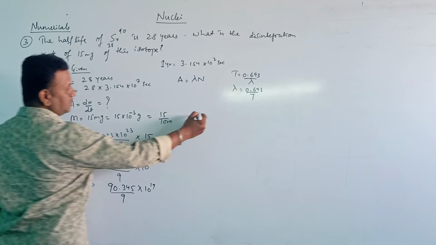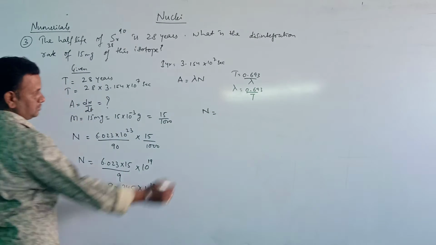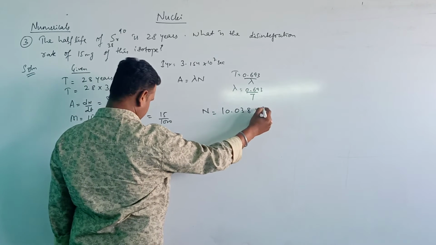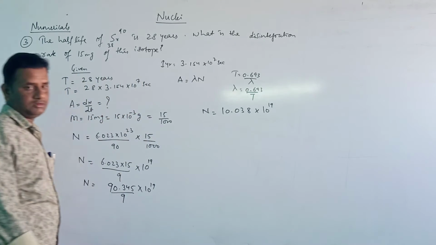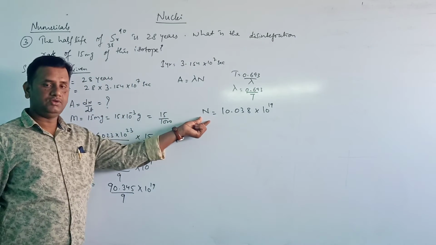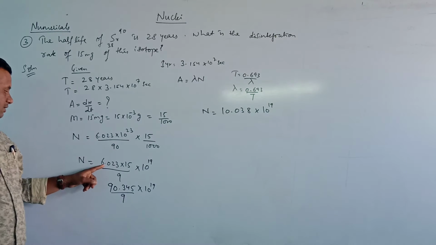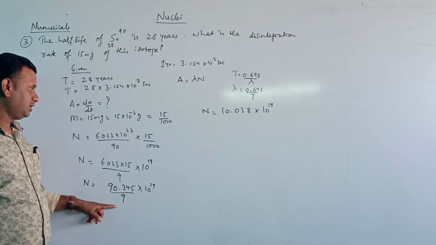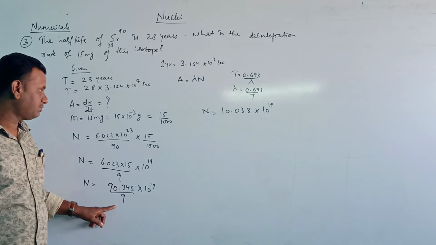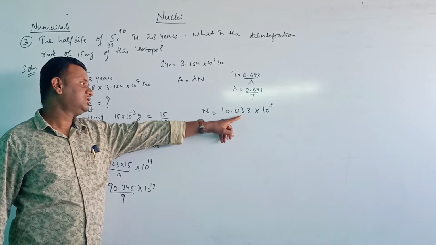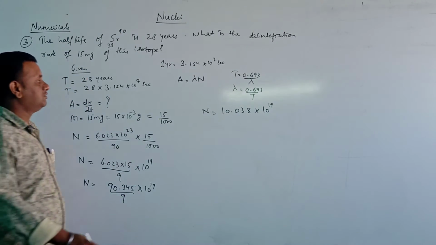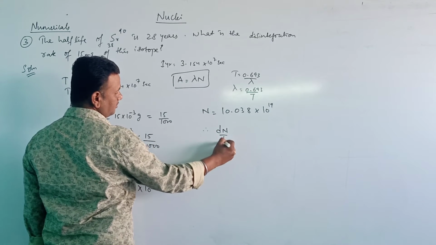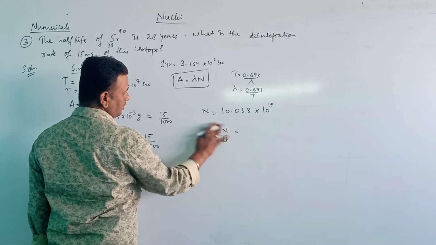If you divide it by 9, you get 10.038 into 10 to the power of 19. So this is the N value you got here.